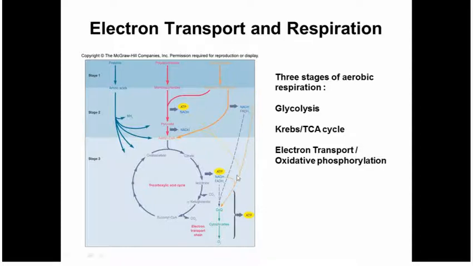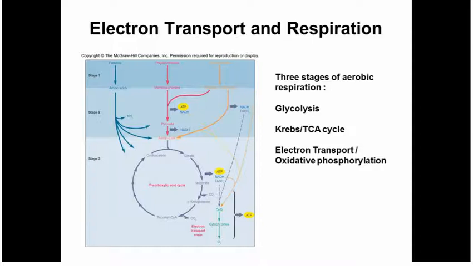The first is glycolysis, breaking down glucose to pyruvate, producing NADH and some ATP. Then pyruvate will be converted to acetyl coenzyme A, combined with oxaloacetate, and this 6-carbon citrate will go around the Krebs cycle, and this will produce some ATP and a ton of reduced NADH and FADH. So that's the second step, the Krebs cycle.